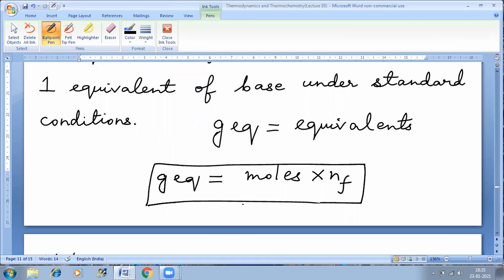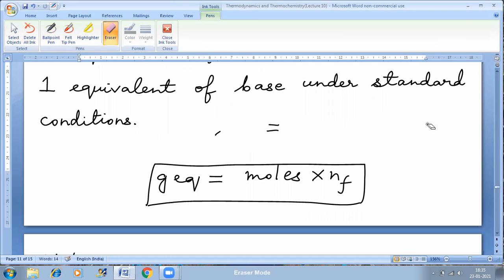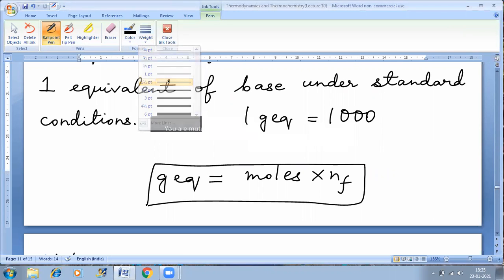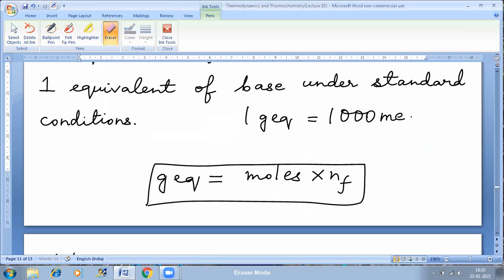GEQ is equal to moles into NF. What is MEQ?